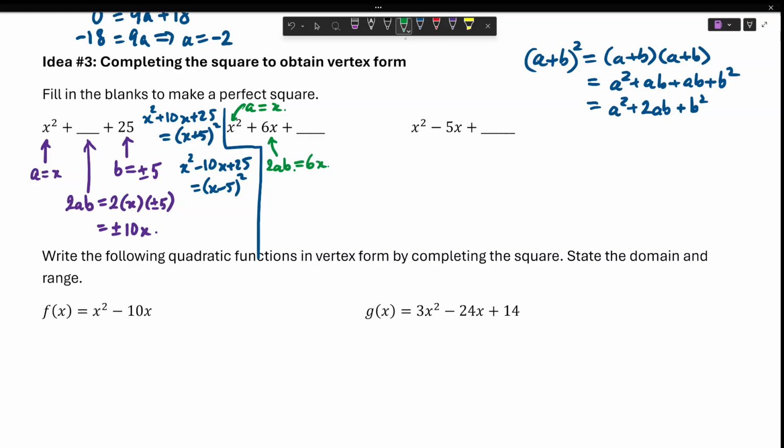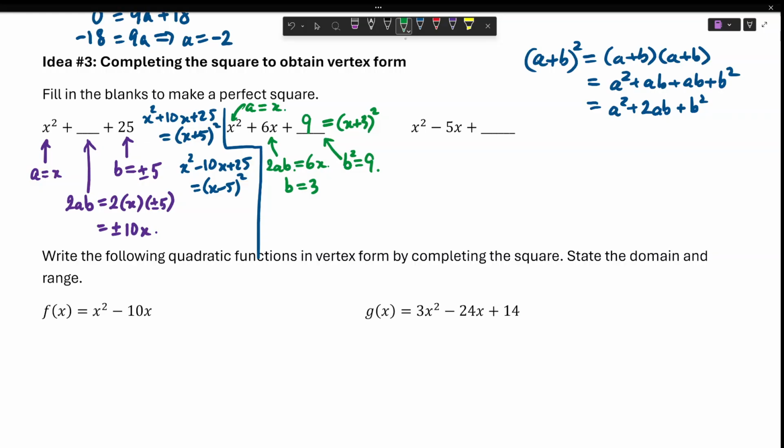Since a is x, 2b is going to be 6, so b should be 3. Finally, this term should be b squared, which is 9. So it's x squared plus 6x plus 9, which gives you (x + 3) squared.